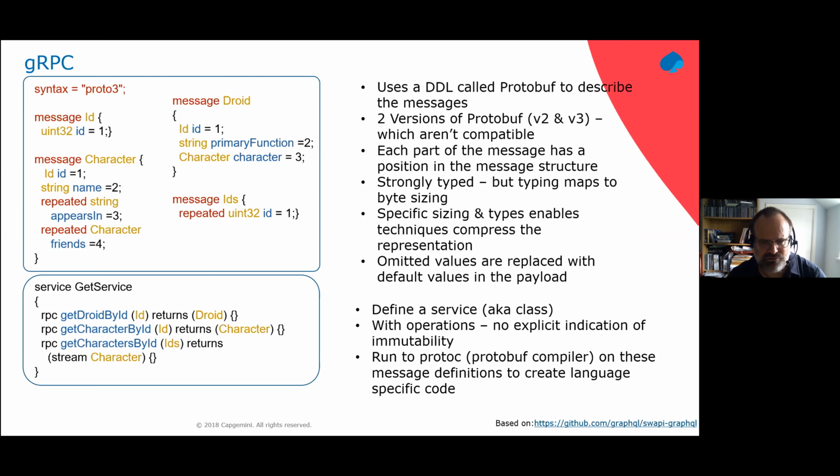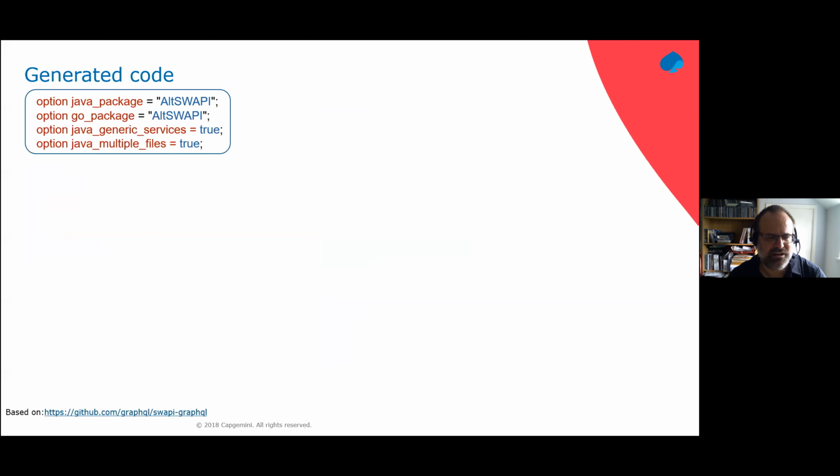Compile it, you run it through a code generator, and you can give the code generator some clues in the protobuf file. So things like, what's the package name, using generics and things like that. Do you want it divided across multiple files or not?